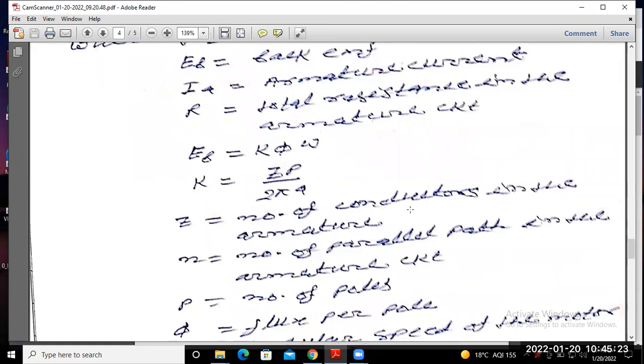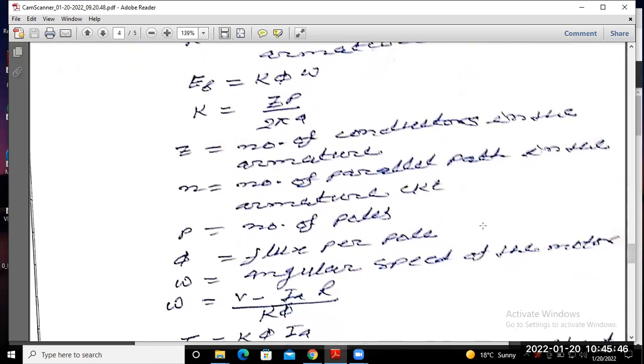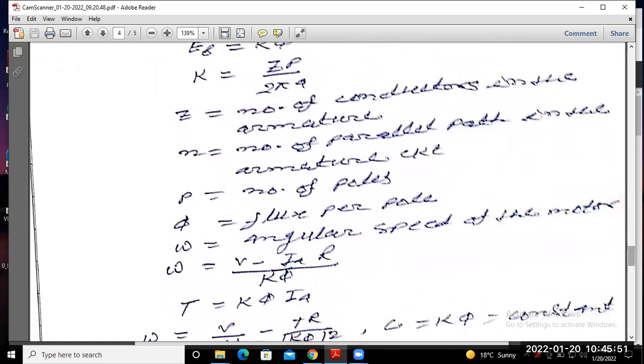Okay, so if these two values, that means back EMF Eb and torque, are put in this equation, torque equal to K phi Ia. So we can write omega equal to V minus IaRa divided by K phi, since we put Eb equal to K phi omega.